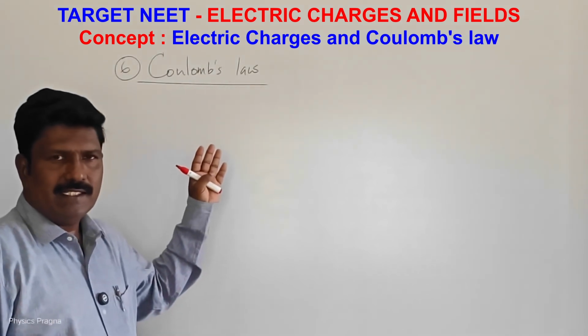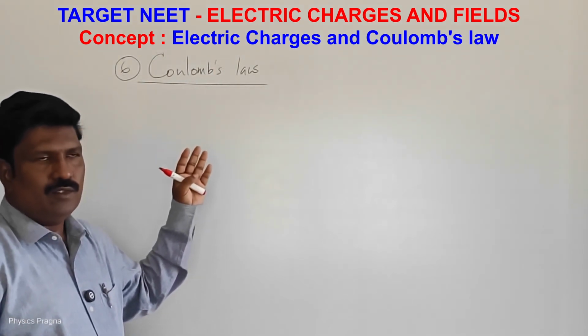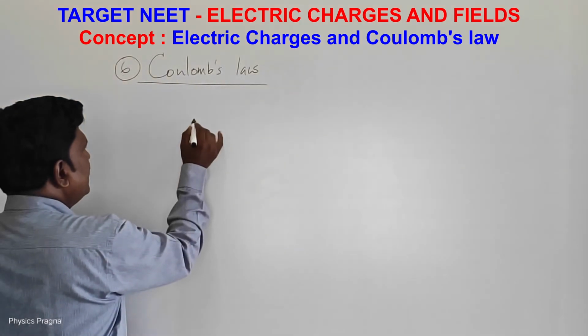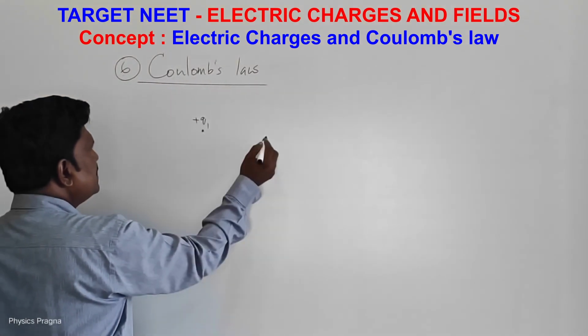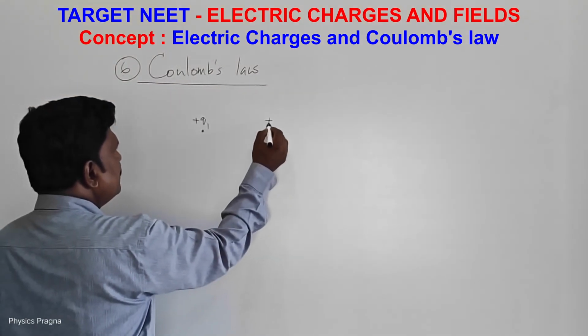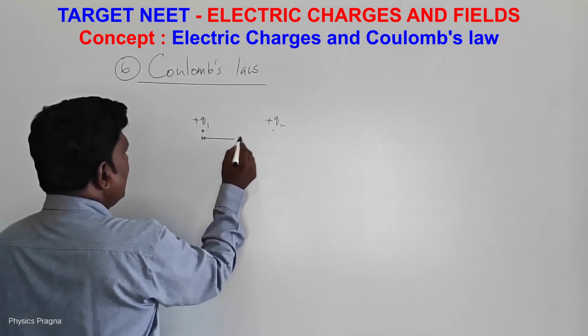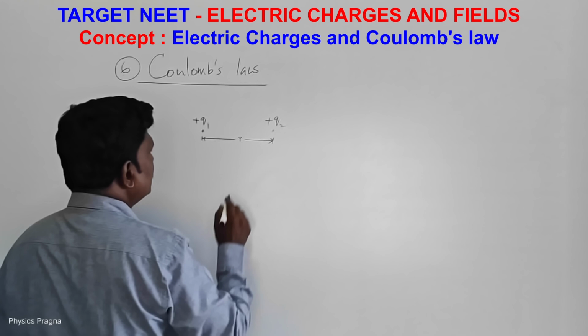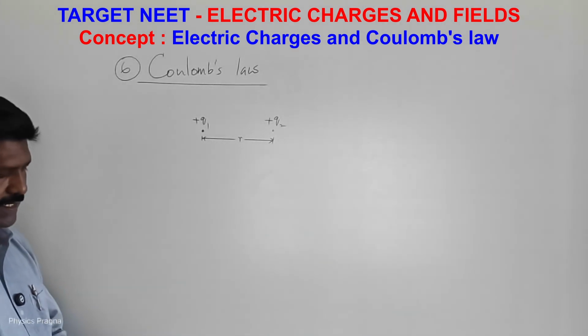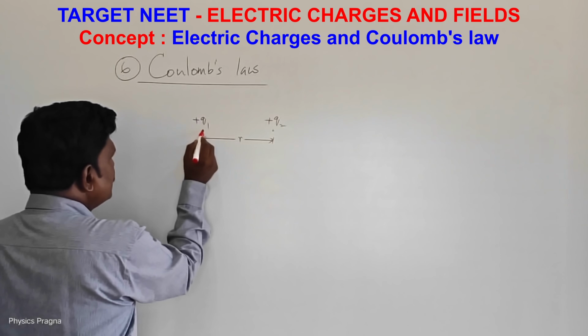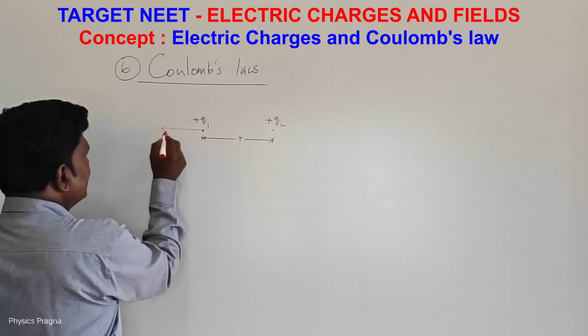Next, our discussion is Coulomb's law. Coulomb's law says that if two electric charges are there, this is plus Q1 charge and this is another charge plus Q2, and the distance between them is R, then these are like charges. That's why charge 2 will repel charge 1 in this direction.